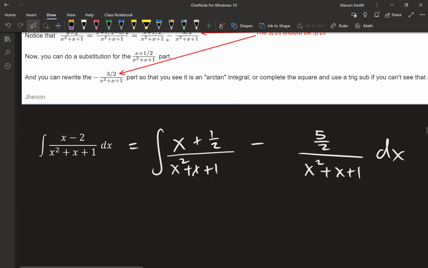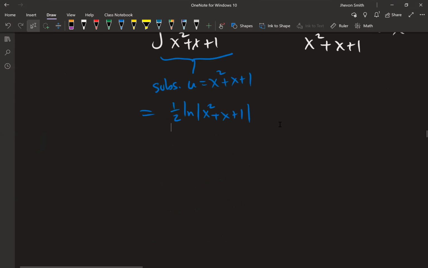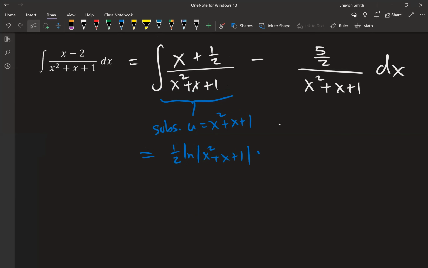Now I realize a substitution is going to work on this part. And then I would end up with this half here giving me ln of x squared plus x plus 1 times a half. Right? And that's this side right here.